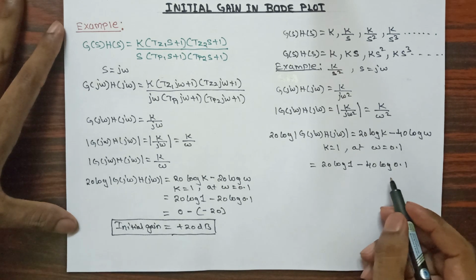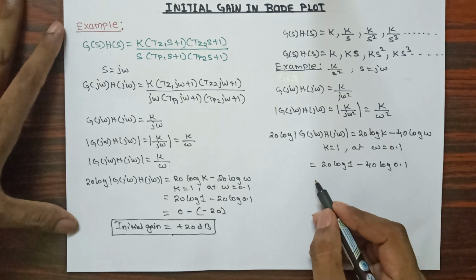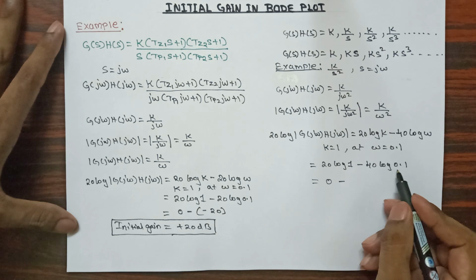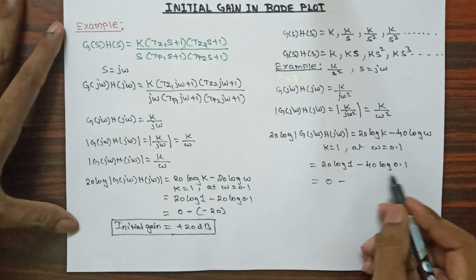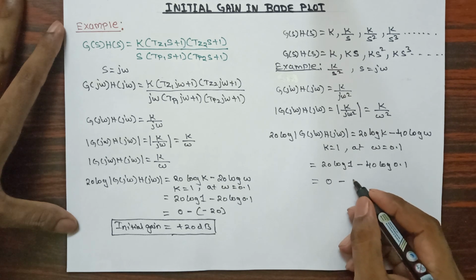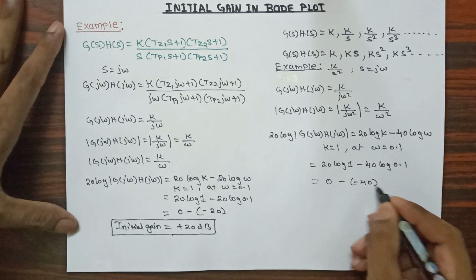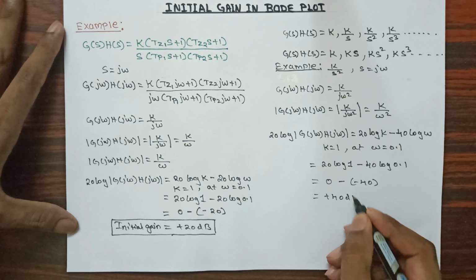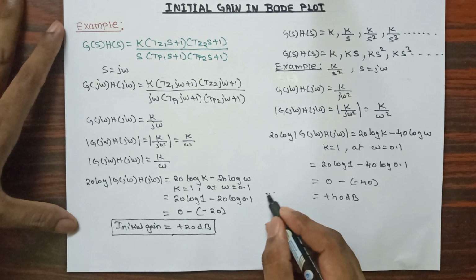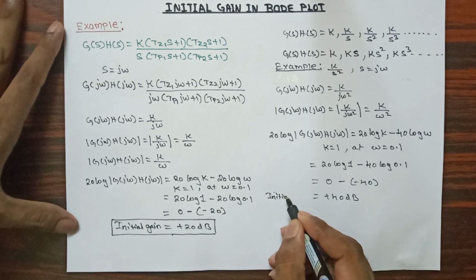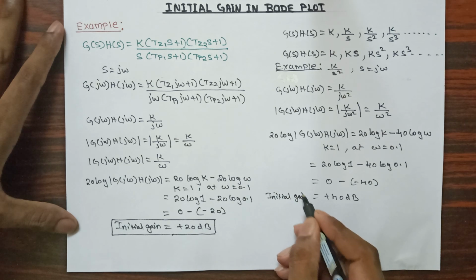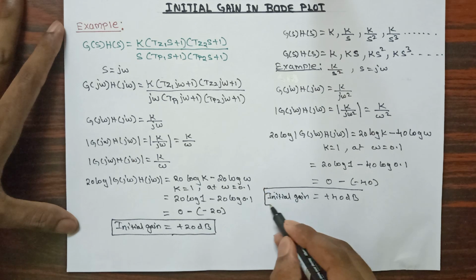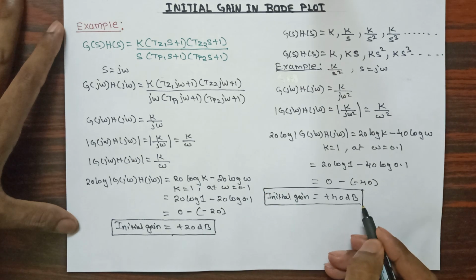So 20 log 1 is 0, and 0 minus 40 log 0.1, here minus 40 log 0.1 gives minus 40 times minus 1, so the initial gain is plus 40 dB. So in this example I got the initial gain plus 40 dB. In this way, in the Bode plot, we need to find the initial gain.